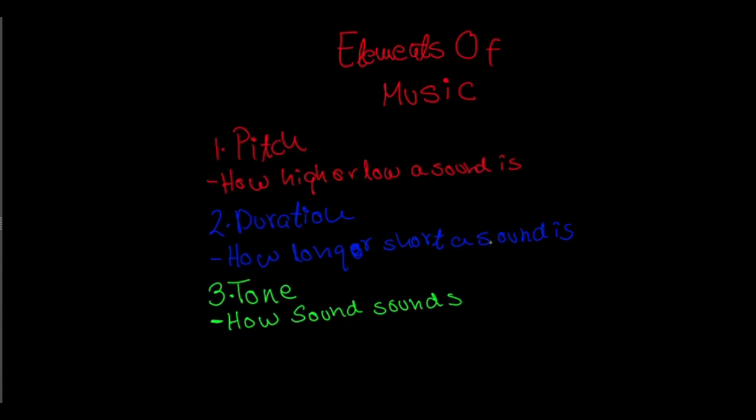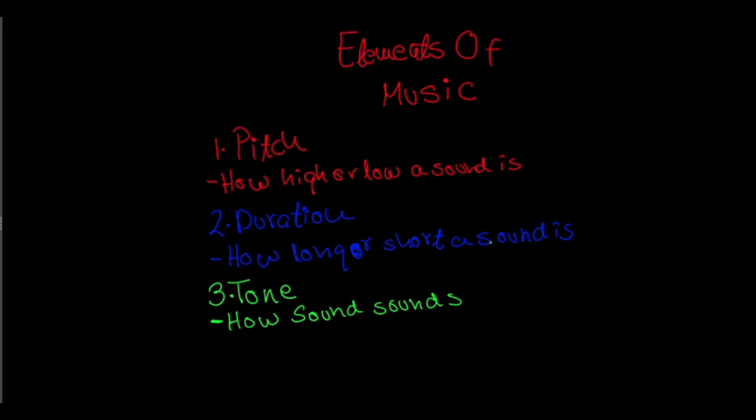To give you an example, I can play the same pitch, the same duration, let's say on the piano. Then, so all of those were the same duration, and they're the same pitch, but what is the difference?